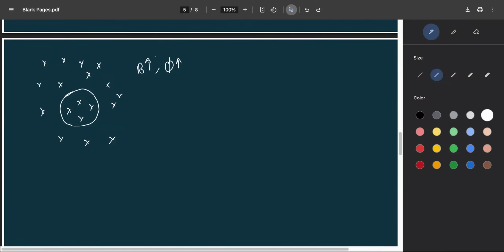The flux should be decreased, but how is it going to decrease? Because here the flux is increasing, do I need to put another magnet on the other side?